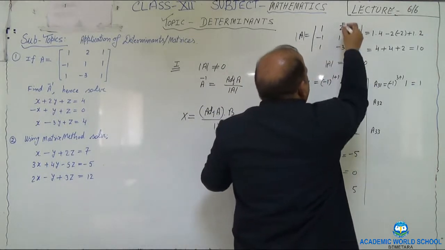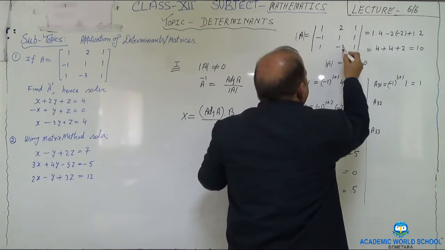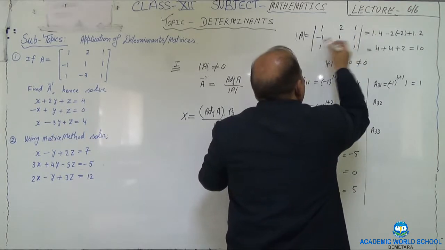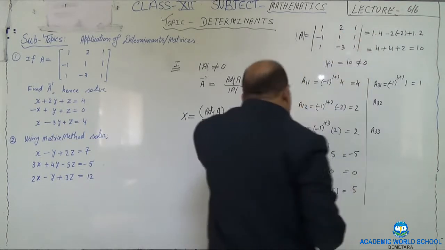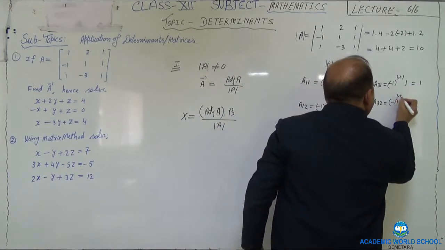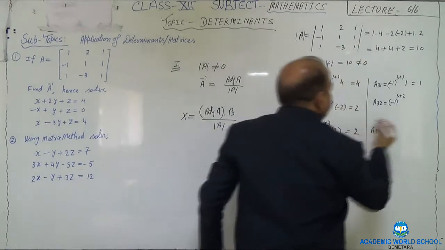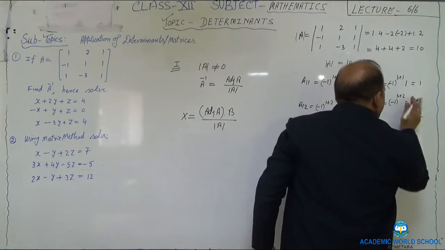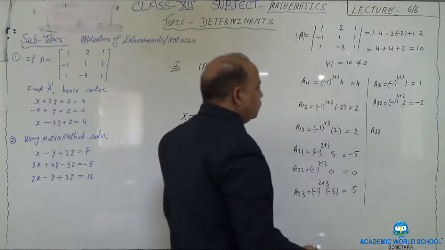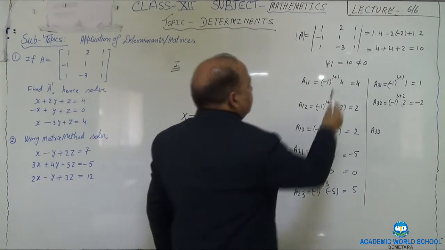A32, leave this part. If I leave this part, this is 1, this becomes plus 1. 1 plus 1, and therefore it will become minus 1 to the power 3 plus 2. 1 plus 1 is equal to 2. So finally you will get minus 2. Where is A33?